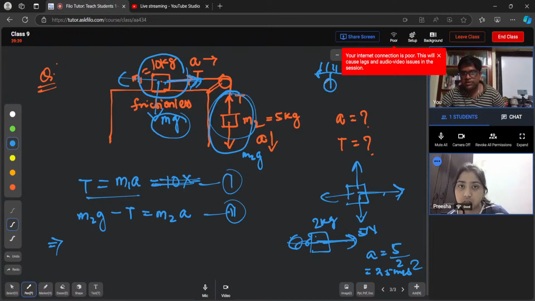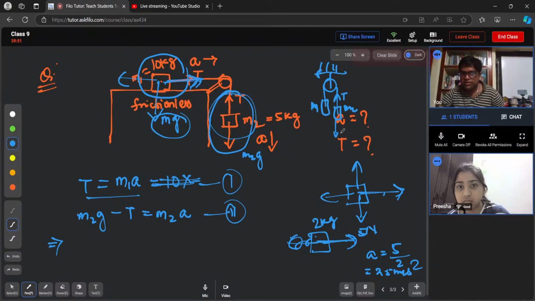A pulley was there and two masses were hanging. So this is, let's say, M2, this is M1. Same situation, it's hanging, tension is upward, M2g downward. So what will be the equation for M2? Let's say accelerating downward, so M2g minus T equal to M2A.